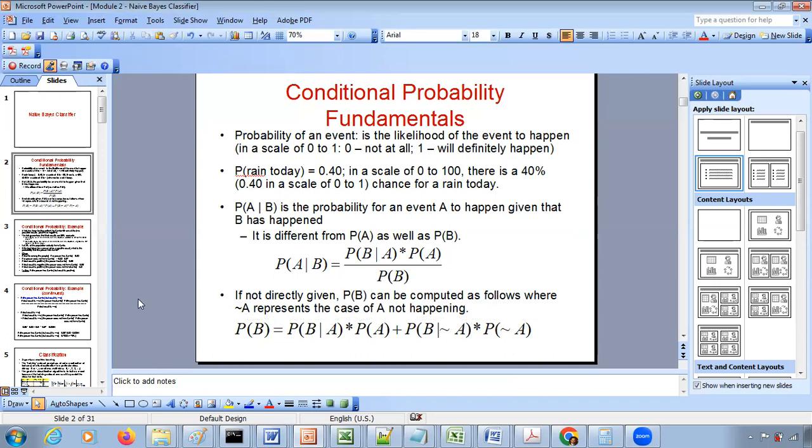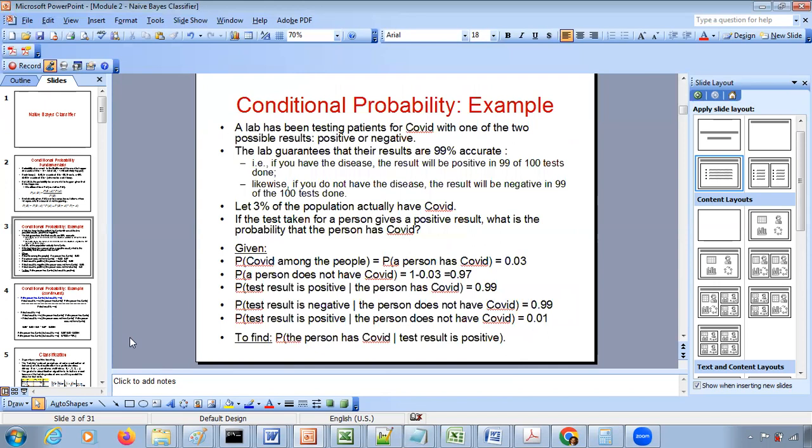So you consider B to happen given that A has happened, or B to happen given that A has not happened, and for each of these you multiply by the corresponding probability for A to happen or not happen. Okay, and we'll make use of all these things and see an example.